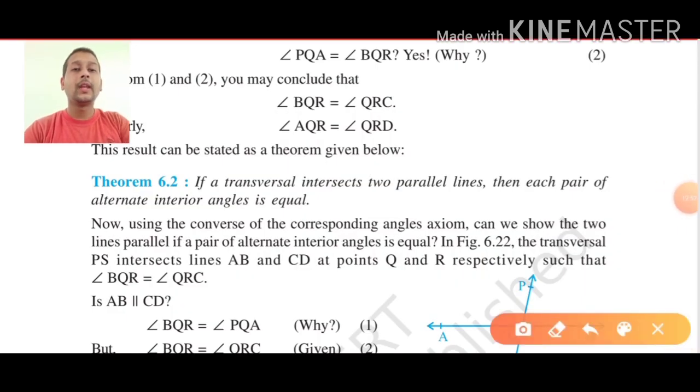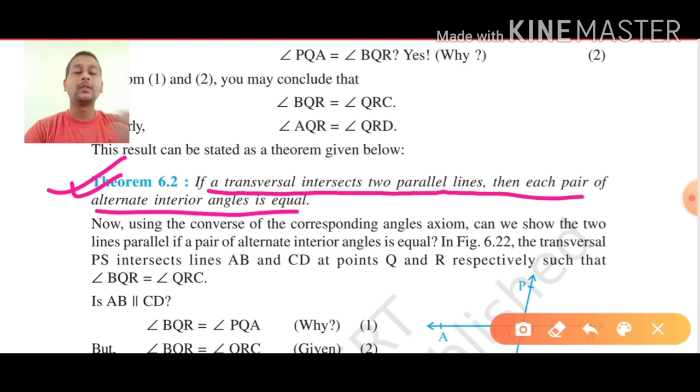Now we'll head on to this theorem. Remember, for corresponding angles it was an axiom, that is a true statement. Now this is a theorem. What it says: if a transversal intersects two parallel lines, then each pair of alternate interior angles is equal.